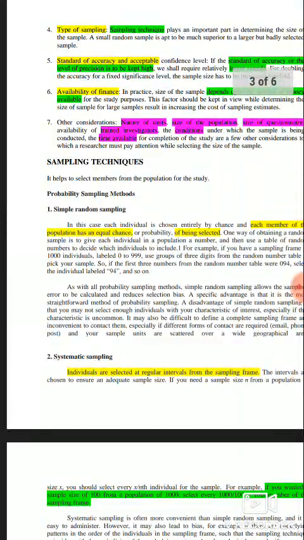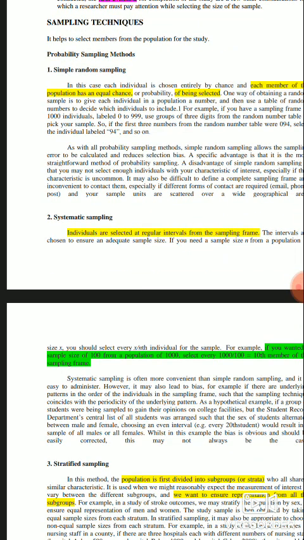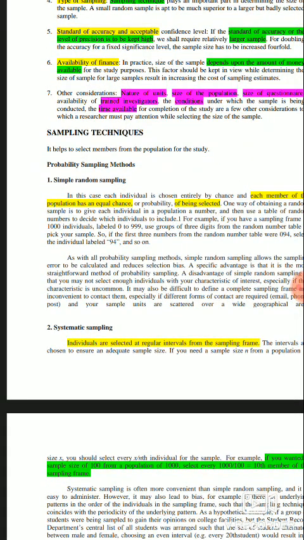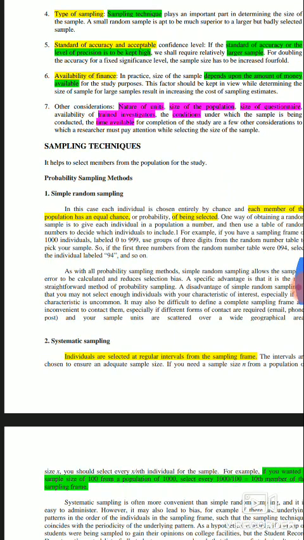Before going to discuss these methods, I want to tell you one thing. When a researcher prefers to choose the probability side or the non-probability side, the reason is: researchers having knowledge about the population go for probability sampling.